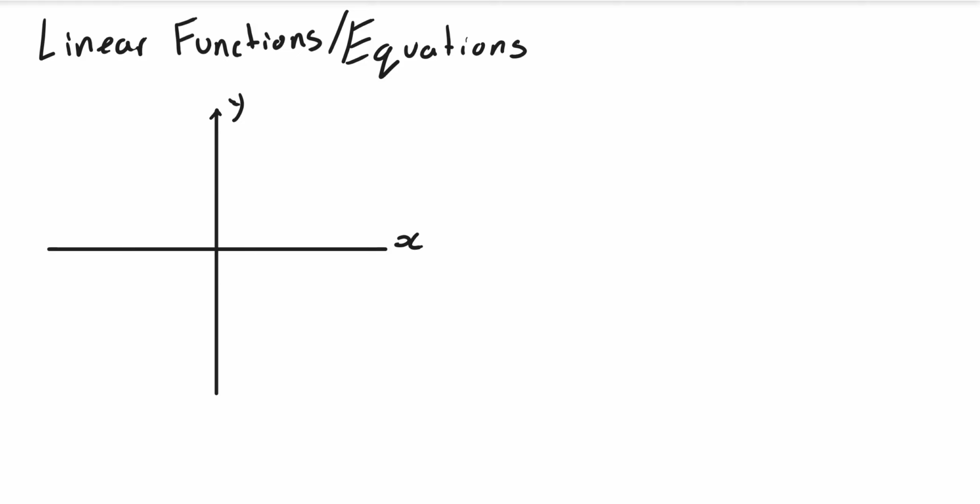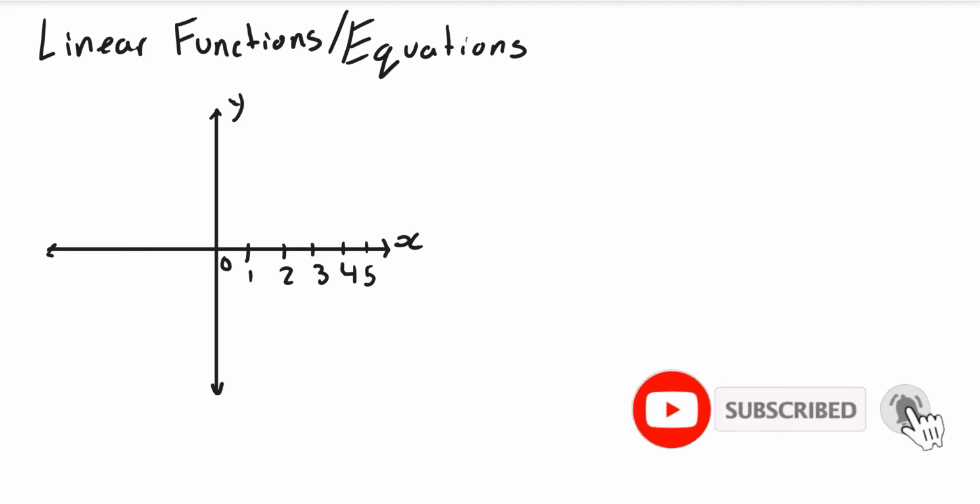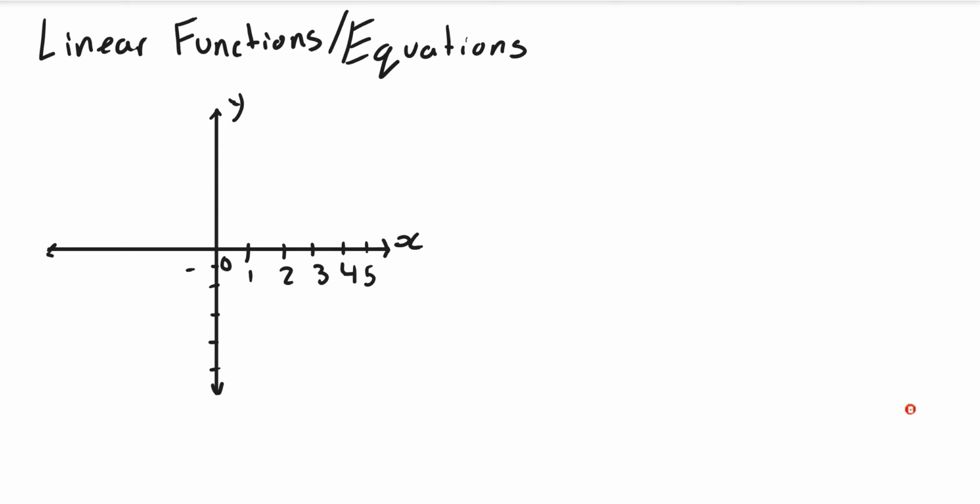We use little arrows at the end of our lines to show that y and x here are continuous. Our origin here is 0, and here we can say that we have 1, 2, 3, 4, and 5. And the same with here, say -1, -2, -3, -4, -5.